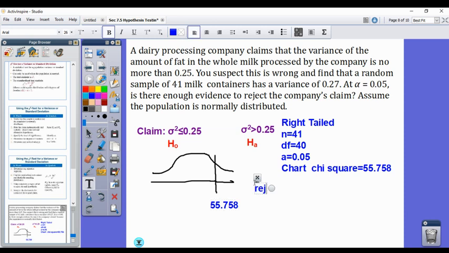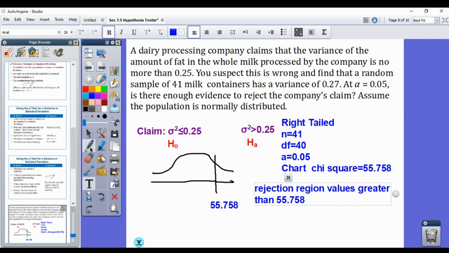Okay, so the rejection region is values greater than 55.758.